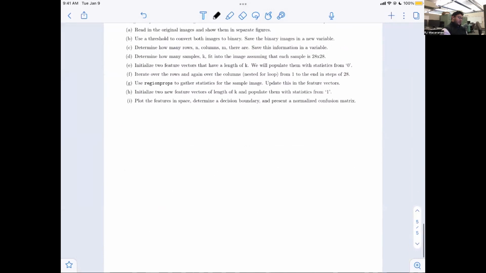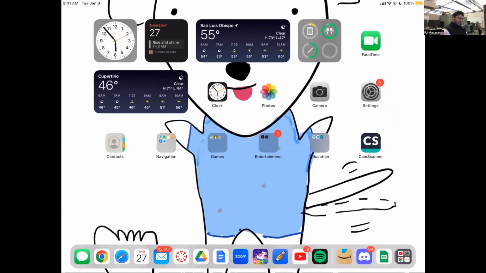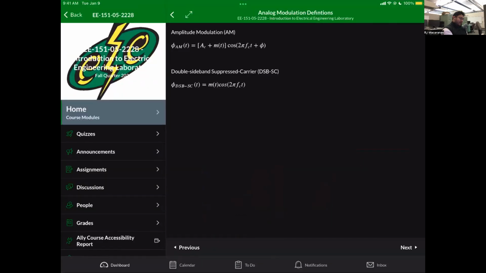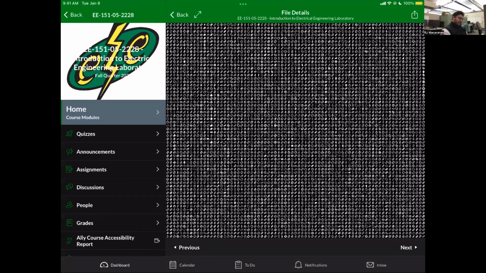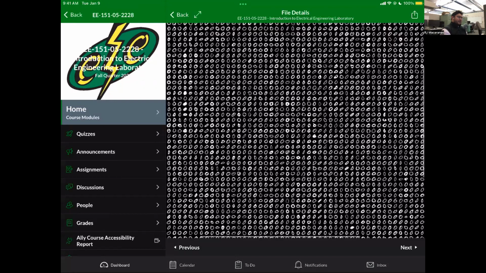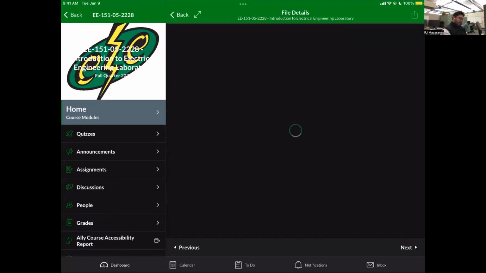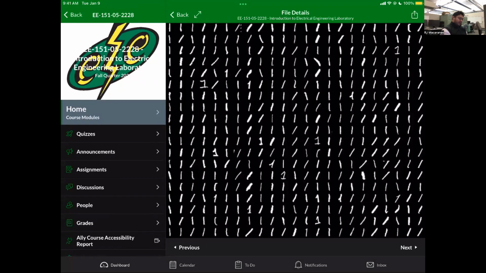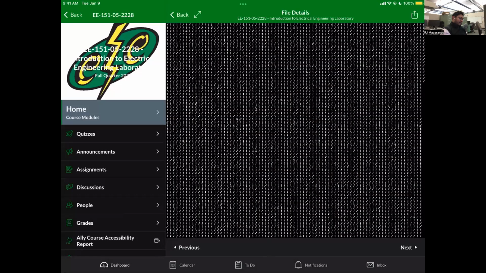So right here, we're talking about the optical character recognition classifier. And then over here on Canvas, I've posted the images, right? So here's a bunch of samples of 0 provided by the MNIST database. And then there are a bunch of samples of 1. And so each sample is contained within a 28 by 28 pixel grid, I guess.